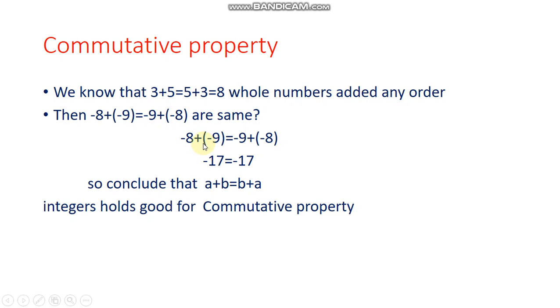When the signs are the same, we add the digits and write the negative sign. So minus 17 is equal to minus 17. Then a plus b is equal to b plus a. We can conclude that integers satisfy commutative property.